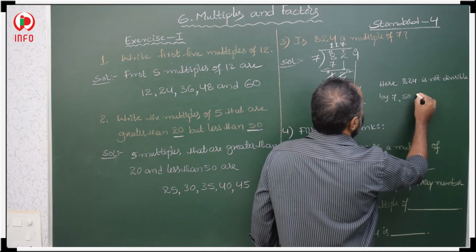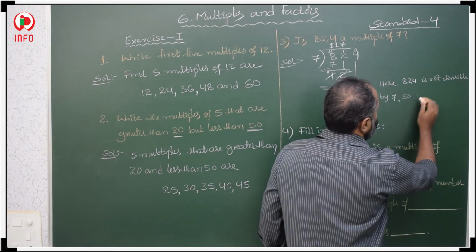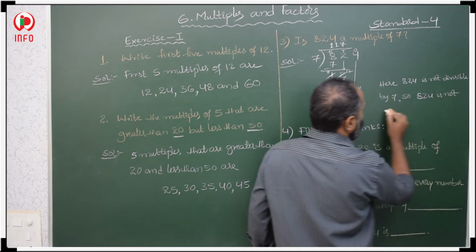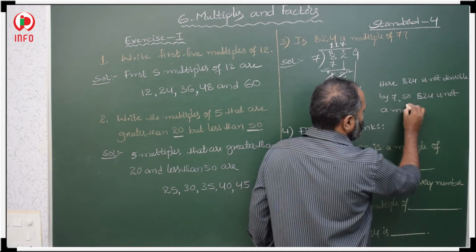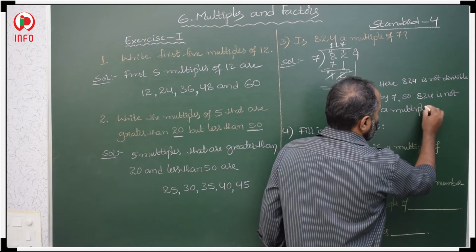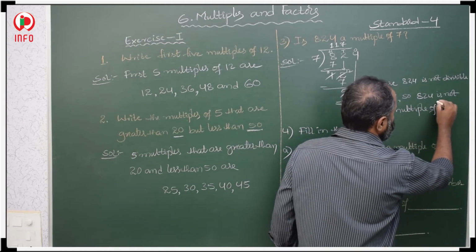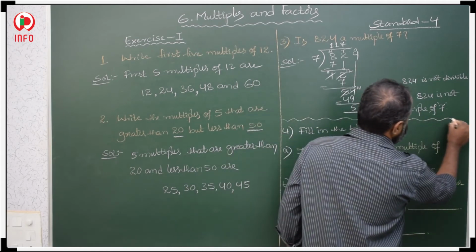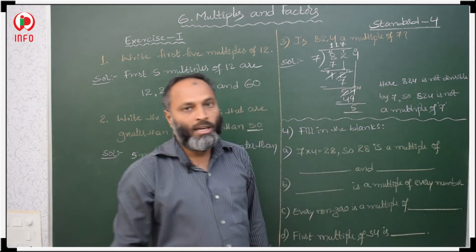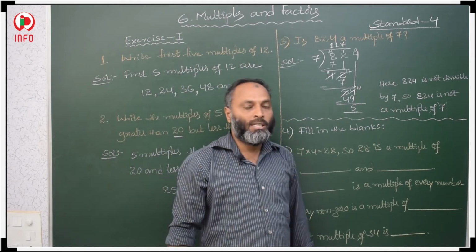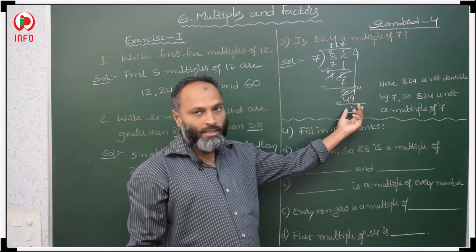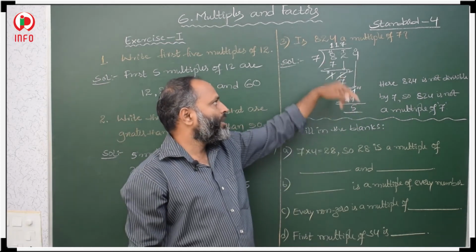So 824 is not a multiple of 7. If it exactly divides, then only it is a multiple, otherwise it is not a multiple. Okay, it means here remainder 5 is left, so it is not a multiple of 7.